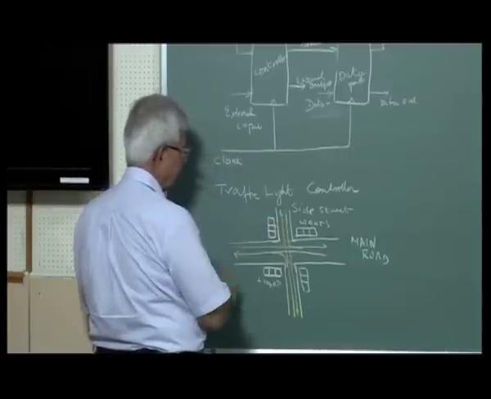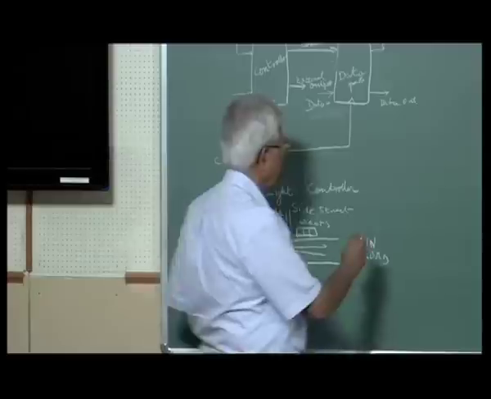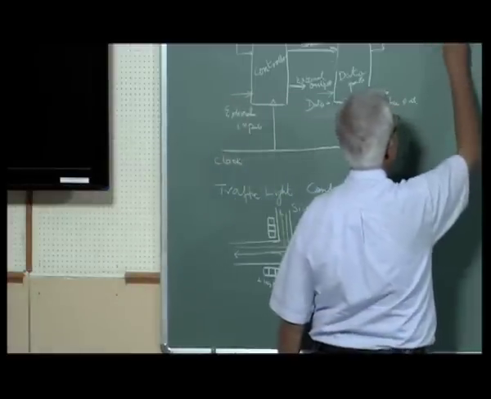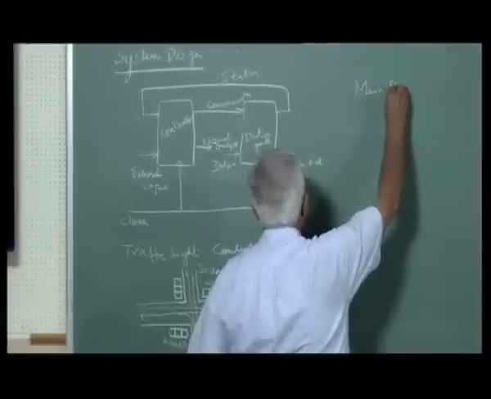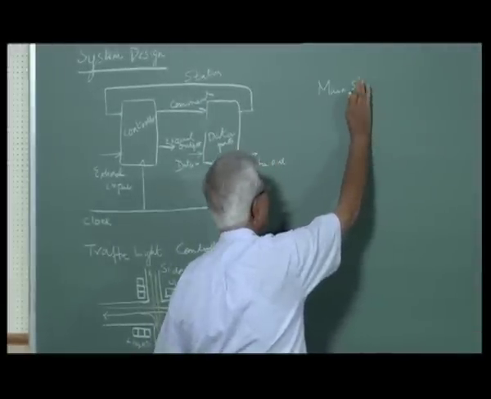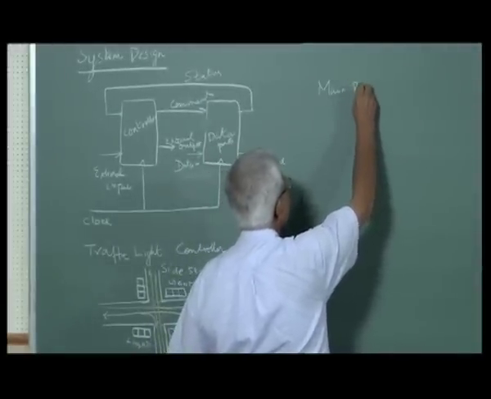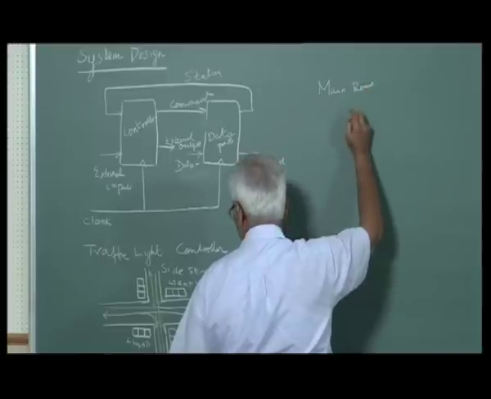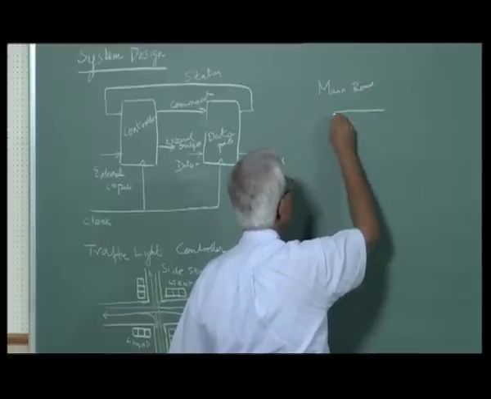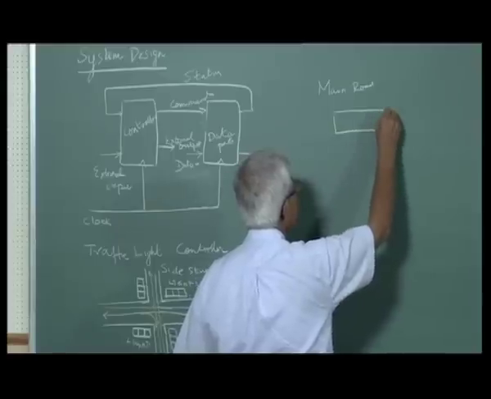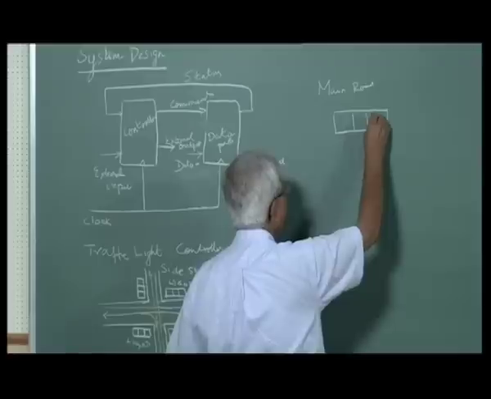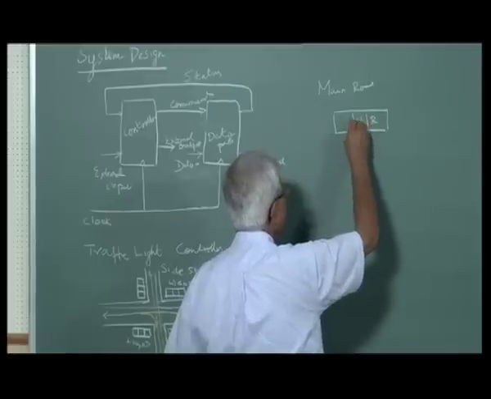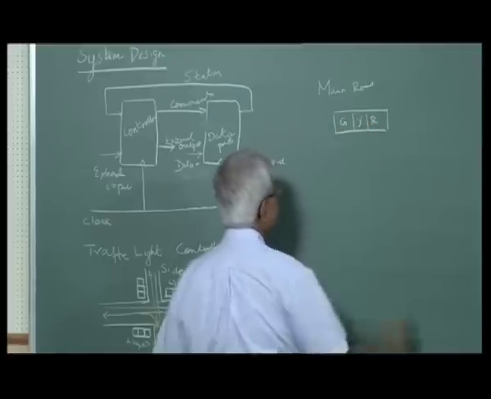So what are the various lights we want? We want main street, or main road. The traffic light is red, yellow, green, as we see, normal traffic lights.